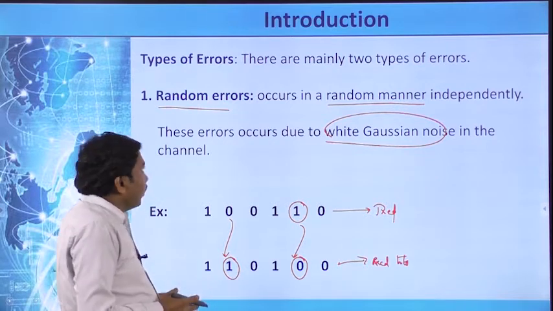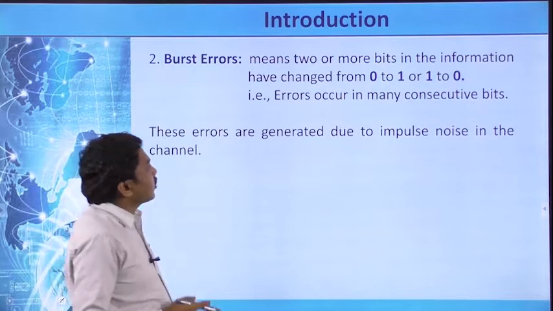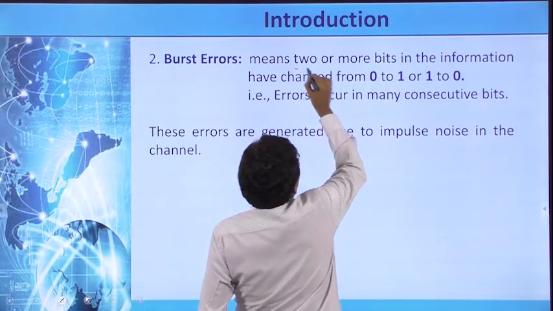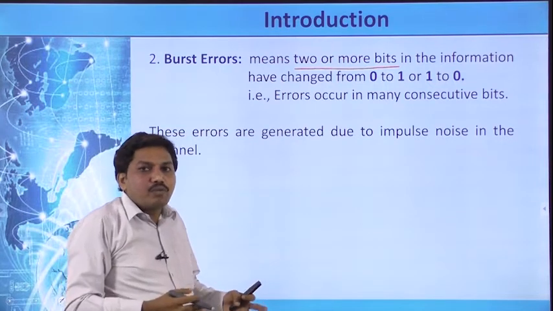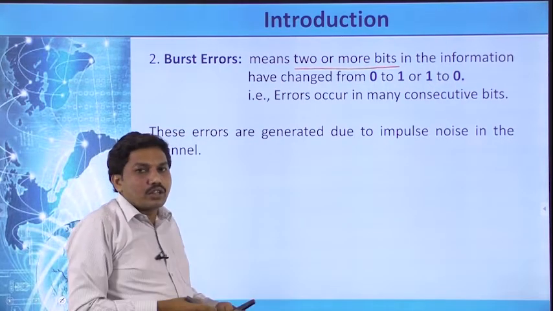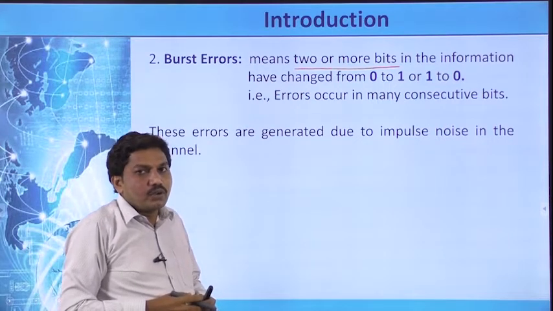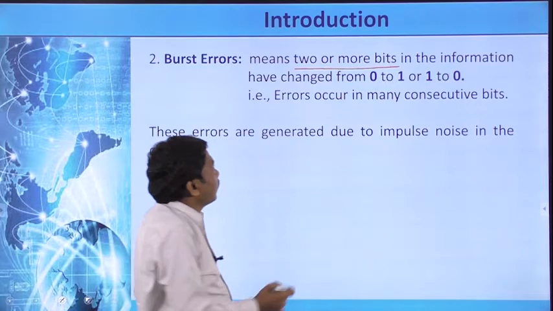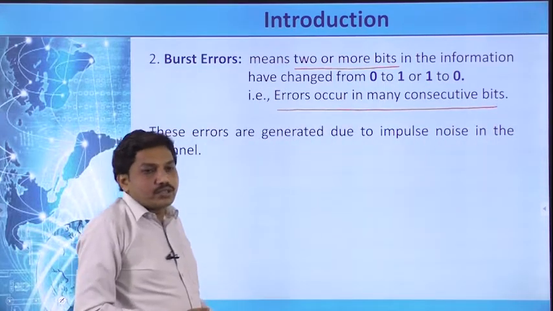The second category is burst errors. What do you mean by burst errors? Two or more information bits are changed from 1 to 0 or 0 to 1. That means burst errors affect a group of bits, that is, errors occur in many consecutive bits.